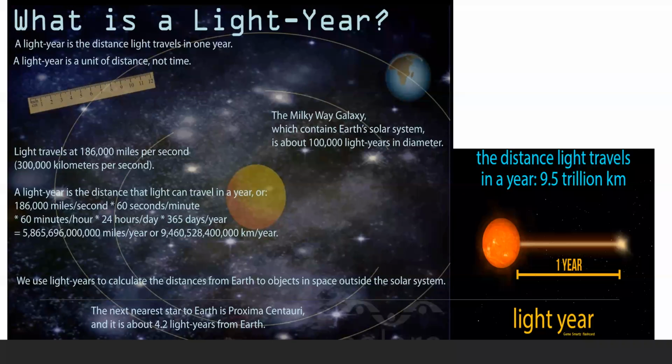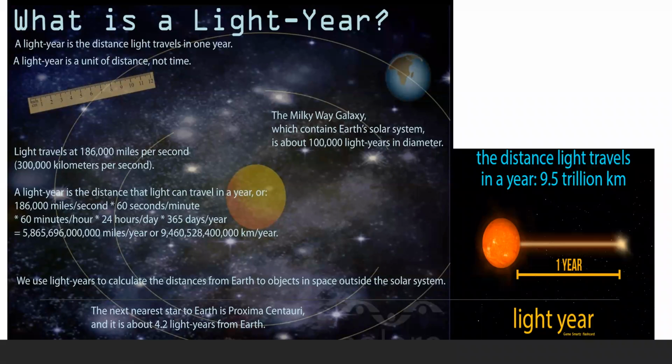So you can remember 1 light year is equal to 9.5 into 10 raised to 12 kilometers, or 9.5 trillion kilometers. That is the distance traveled by light in 1 year.